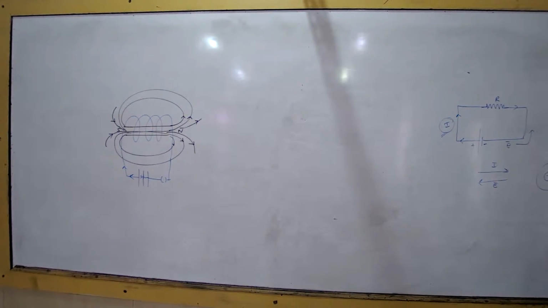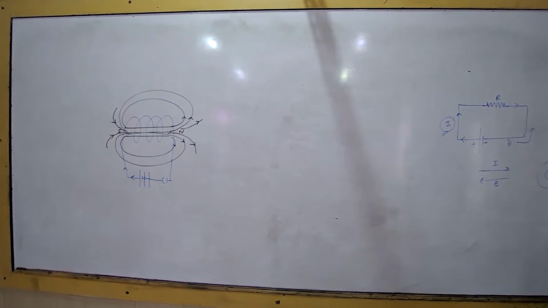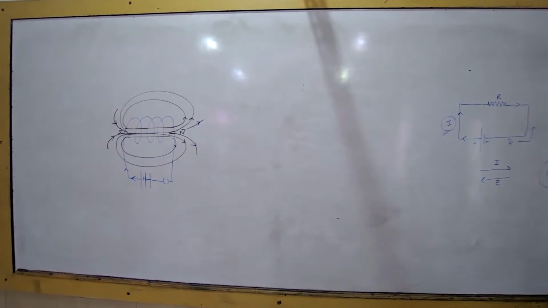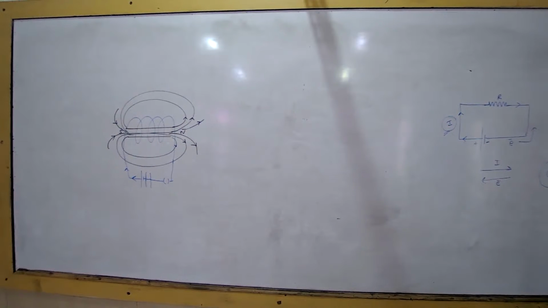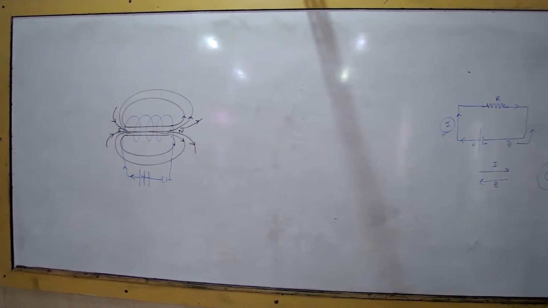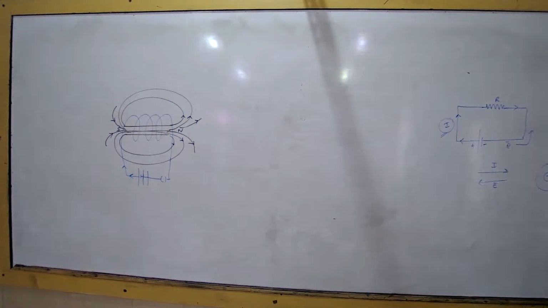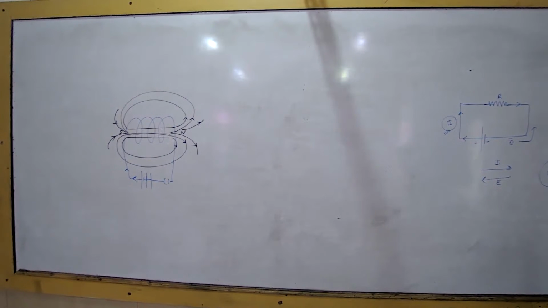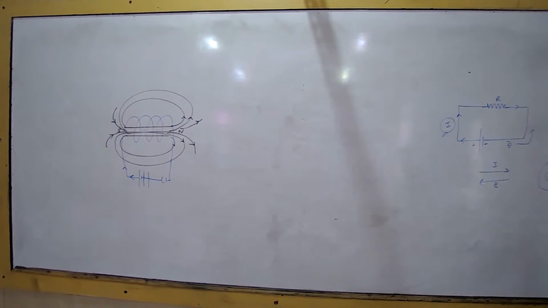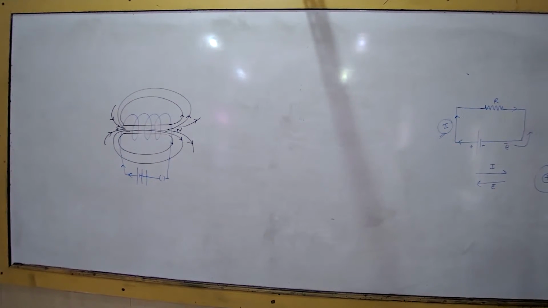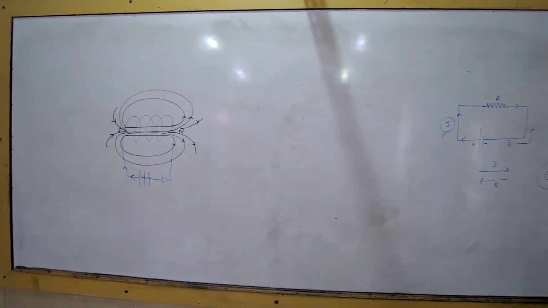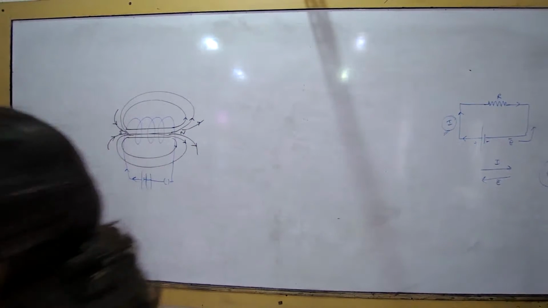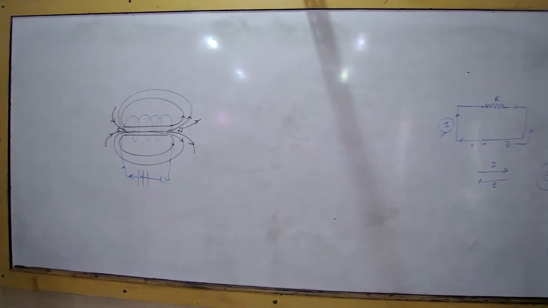If the first finger is showing the direction of the magnetic field, the second finger showing the direction of current, then the thumb will show the direction of force or the motion. Have you learned it up?